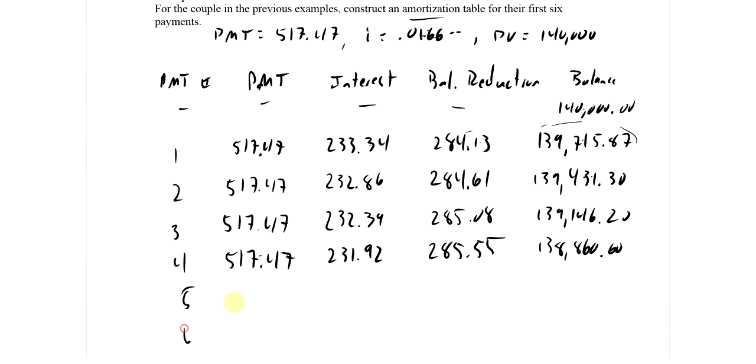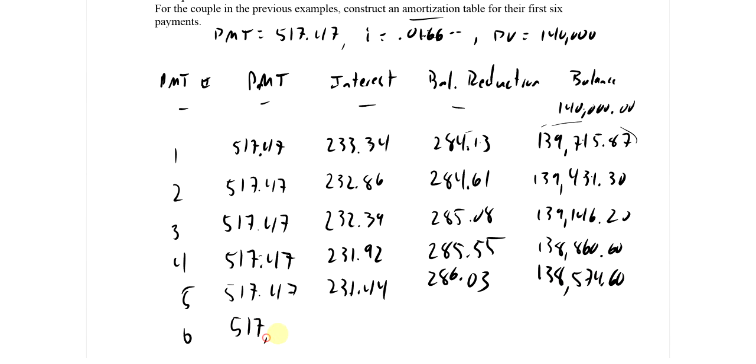And then we can do 5 and 6, same payment. The interest is 231.44. Balance reduction is the rest of that payment, 286.03, and now we're left with 138,574.60.